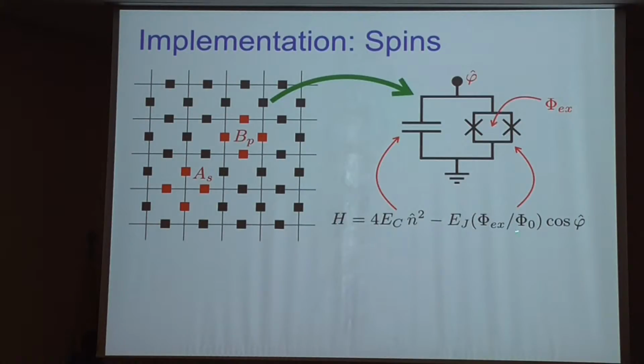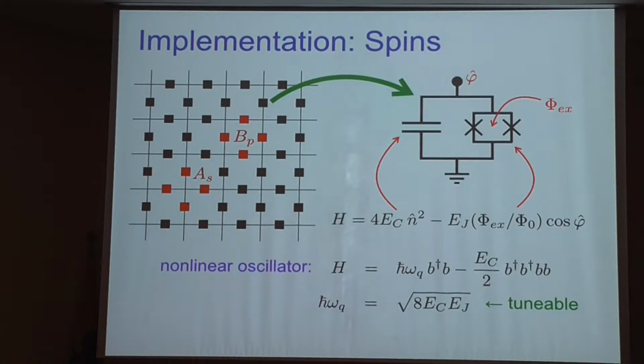This is the charge energy, which describes the Coulomb interaction between Cooper pairs on both sides of the junction, and there is the Josephson term, which describes the tunneling of Cooper pairs through the junction, and this Josephson energy is tunable via the applied magnetic field.